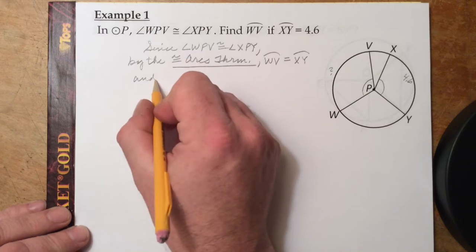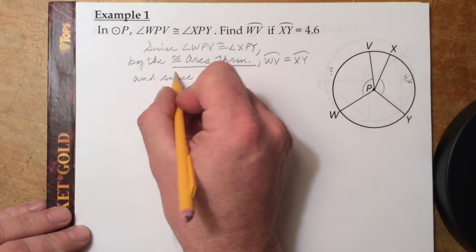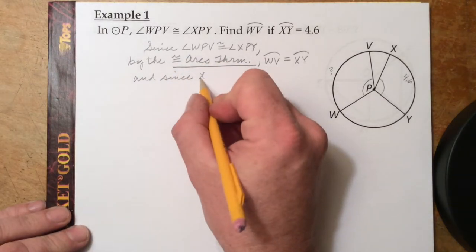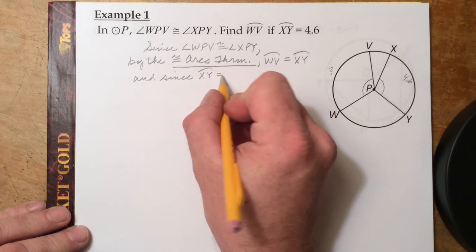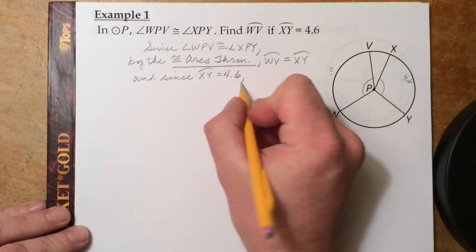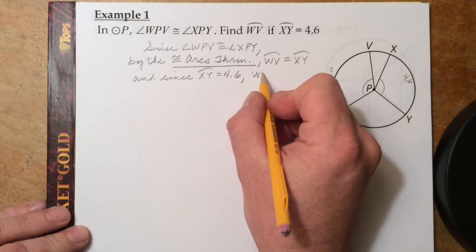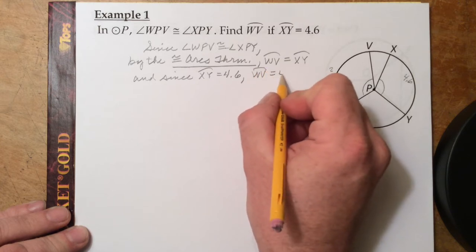And since they gave us arc XY is equal to 4.6, then the length of arc WV must also equal 4.6.